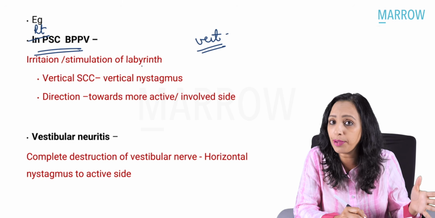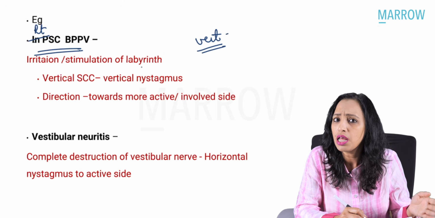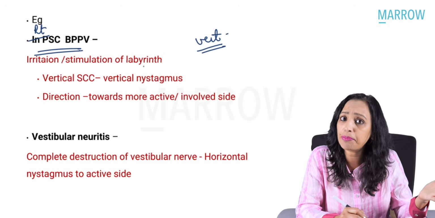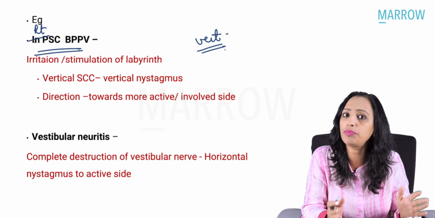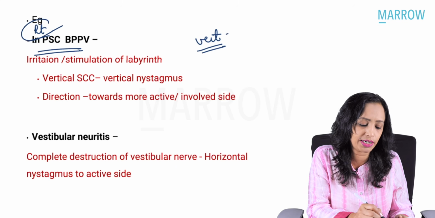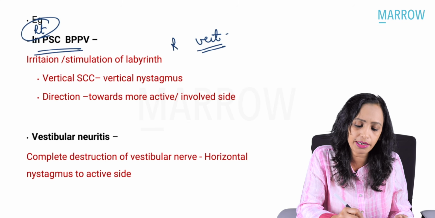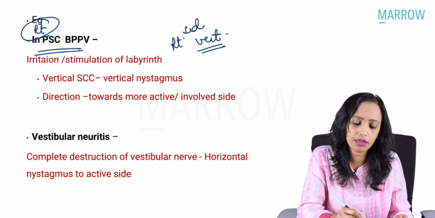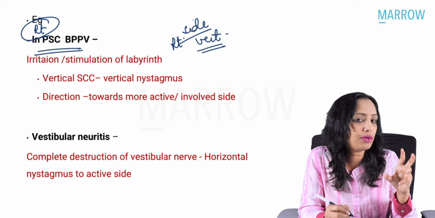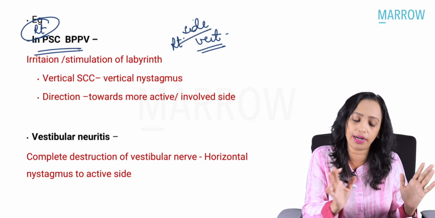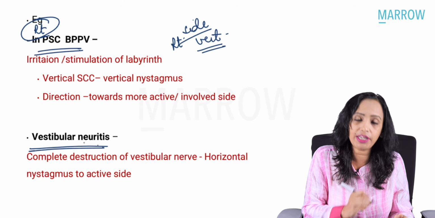Is BPPV hyperactive or hypoactive? It is a hyperactive lesion. The only thing that you need to remember in hyperactive is BPPV. So nystagmus will be towards the same side. Which side is it? Right side. So it will be a right-sided vertical nystagmus, definitely with torsion, towards the right side.